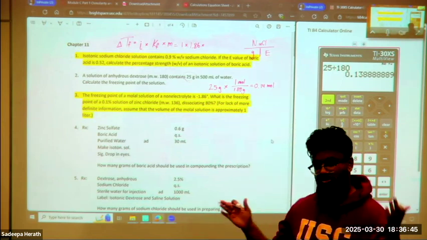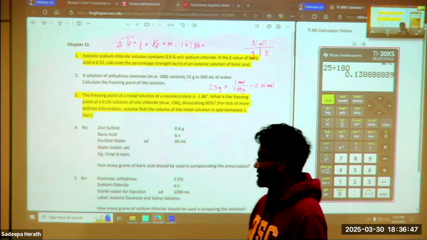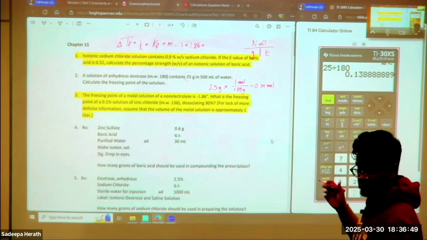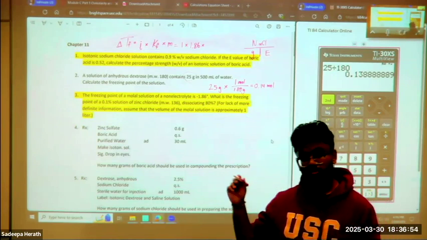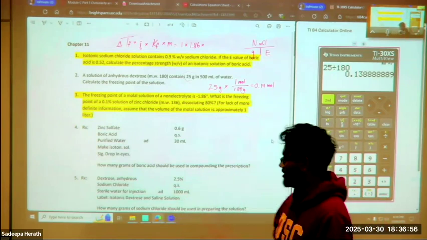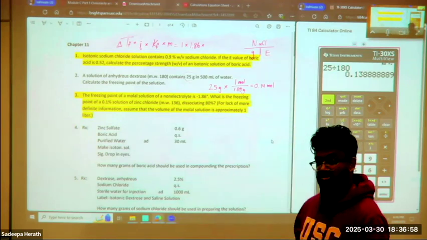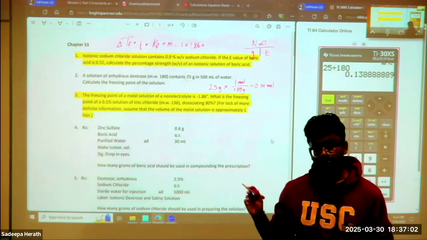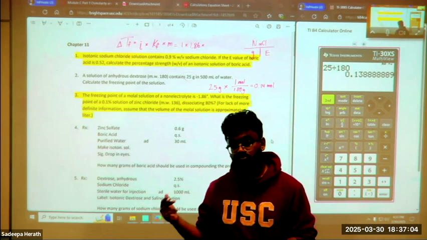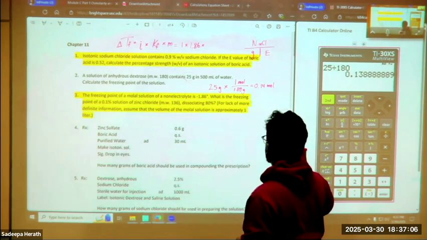I know, when numbers go around, it gets a little bit more confusing. There are 500 grams in 500 ml of water because the density is 1 gram per 1 ml, right? We need to convert grams into kilograms, so 500 grams divided by 1,000 equals 0.5 kilogram.